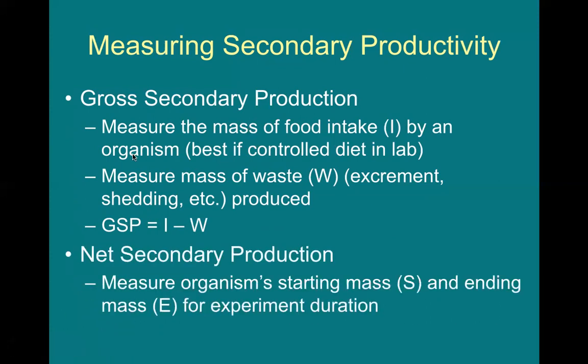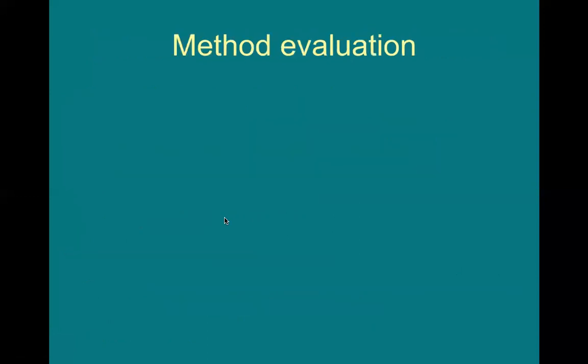For net secondary productivity, you're basically looking at how much the organism has grown, right? That's our ultimate goal in taking food: either to use the energy in respiration and other processes, or to grow larger. So net productivity, if it's not including respiration, would just be that change in biomass. You start with their starting mass and subtract it from the ending mass to get the total.